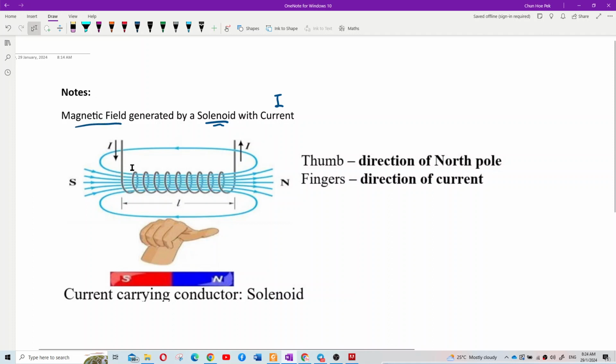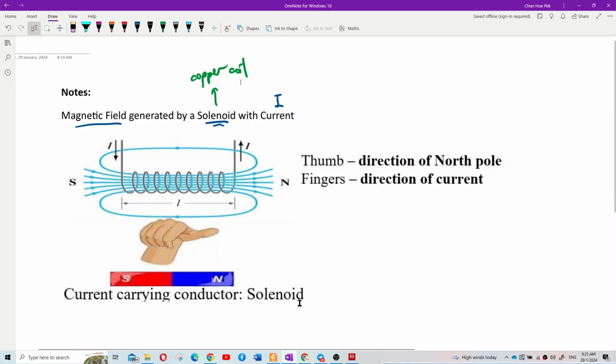Provided you must have current flowing through the solenoid, which is something like a copper coil. So when you have current flowing through the copper coil, it will generate a magnetic field. It becomes like a magnet.